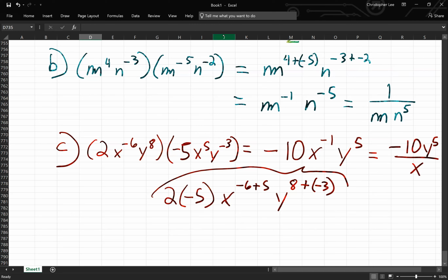The negative 10 and the y to the fifth, imagine that that's already in the numerator. And that's it. That'd be the whole answer.